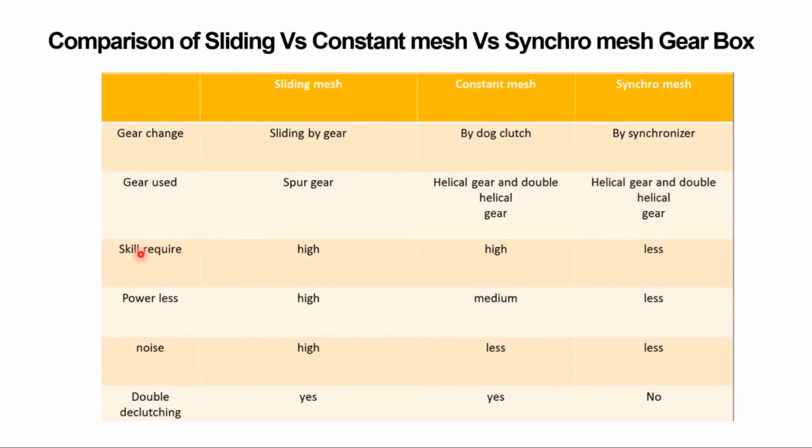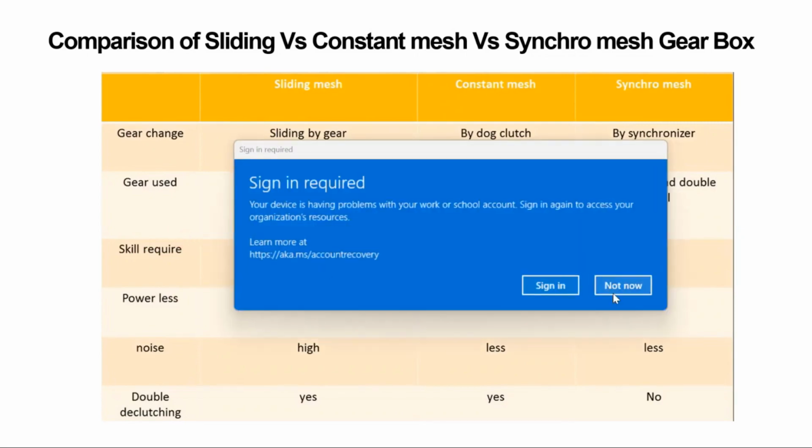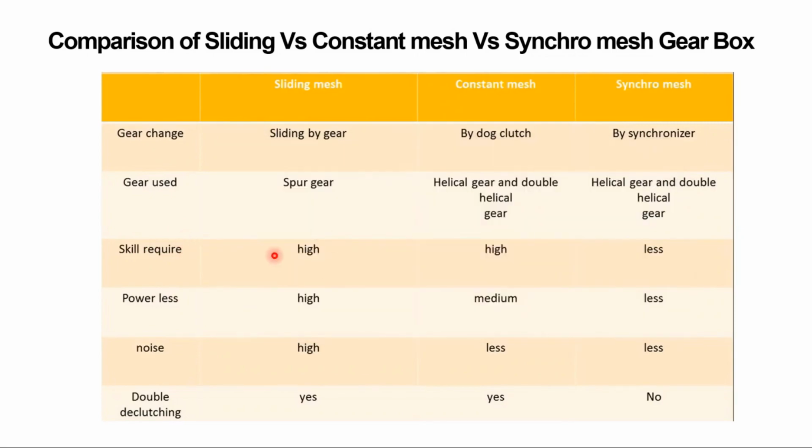And the skill required by the operator or a driver should be higher in the case of sliding mesh gearbox, and also for a constant mesh gearbox, and less skill is required for a synchro mesh gearbox to get operated by the operator or a driver.